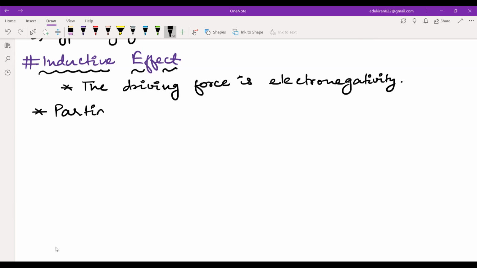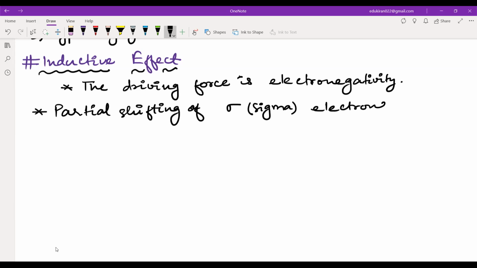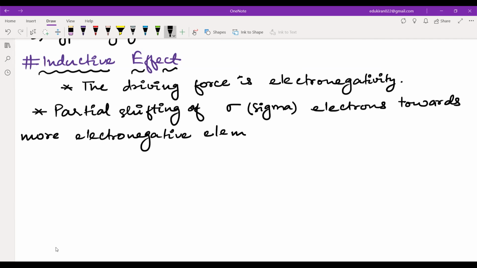Partial shifting of sigma electrons towards more electronegative element. Just write it here. Towards more electronegative element.